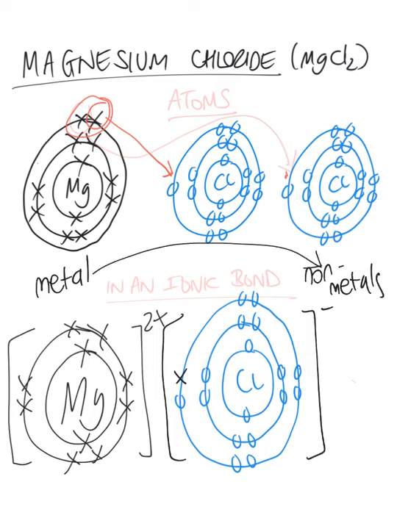When we do that, we create positive ions and negative ions. They are drawn to each other in an electrostatic bond, and that is an ionic bond. And in terms of representing an ionic bond, you just simply have to draw your positive ion and your negative ion side by side.